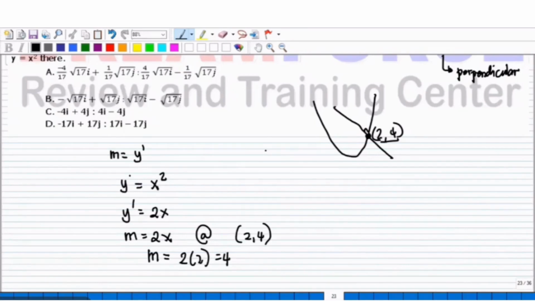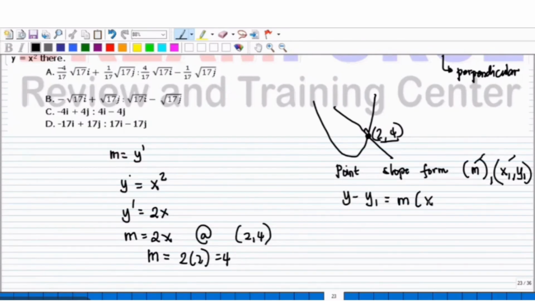Then we will now apply your point slope form. Point slope form para makuha natin yung equation. Okay, so take note po, ang given lang dito from your analytic is that the slope and a point. Okay, so kompleto naman tayo dito, may slope, may isang point tayo. So therefore, this is y minus y sub 1 is equal to m multiplied by x minus x sub 1.